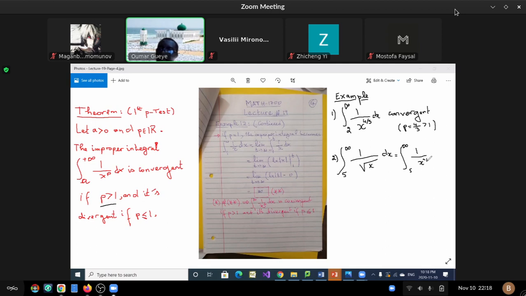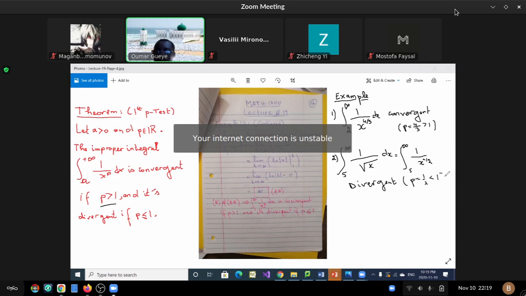So in this case, p is 1 over 2, and it's less than 1. And based on the p-test, it's going to be divergent. So one more example.